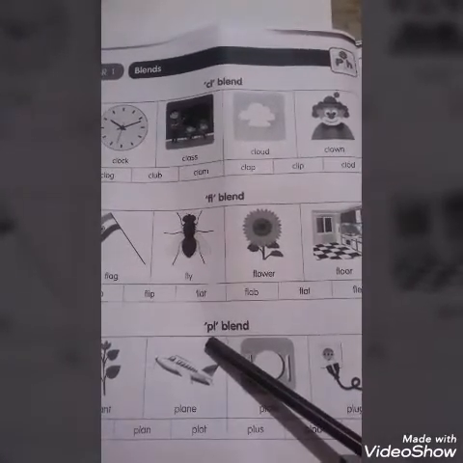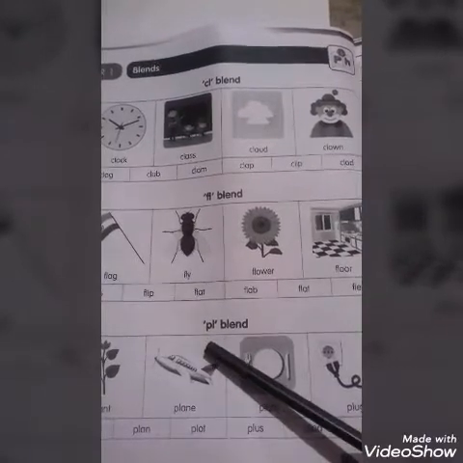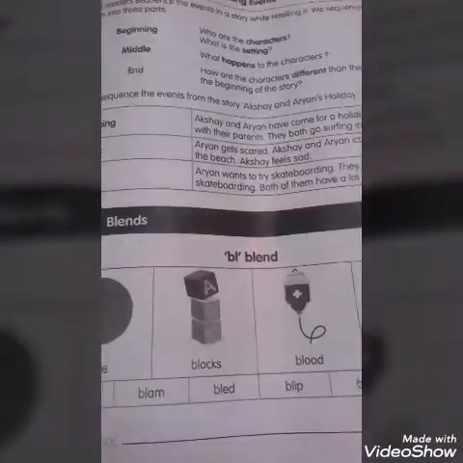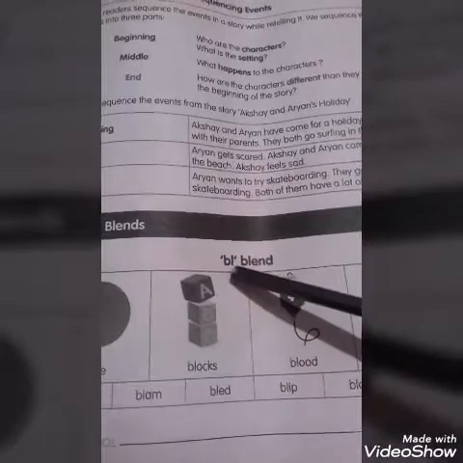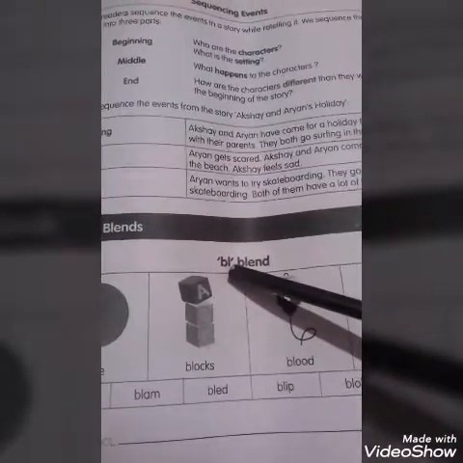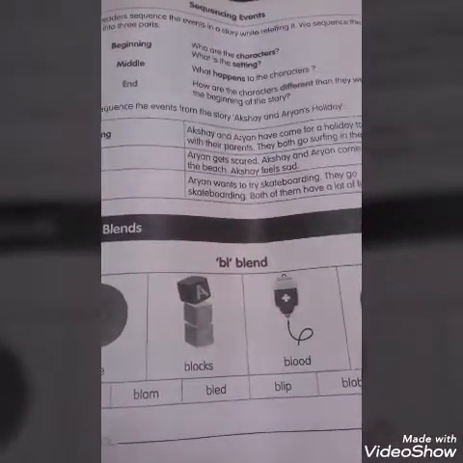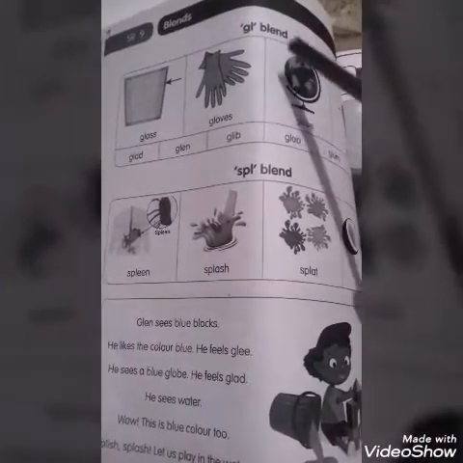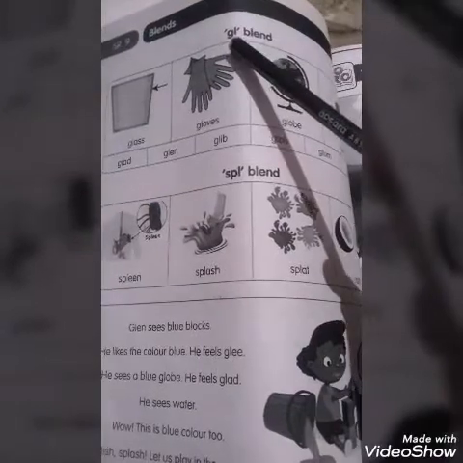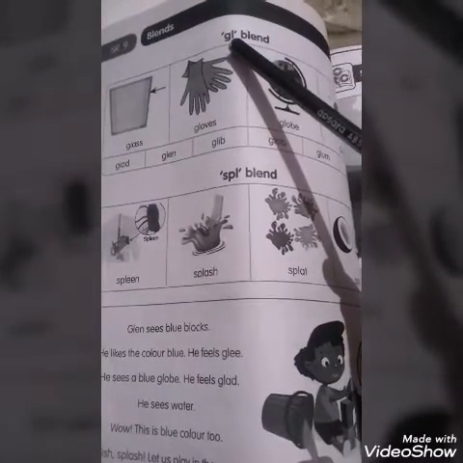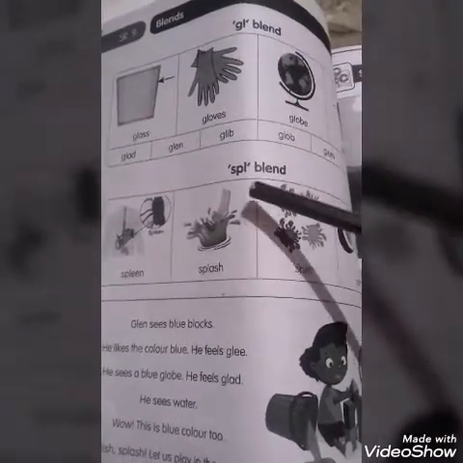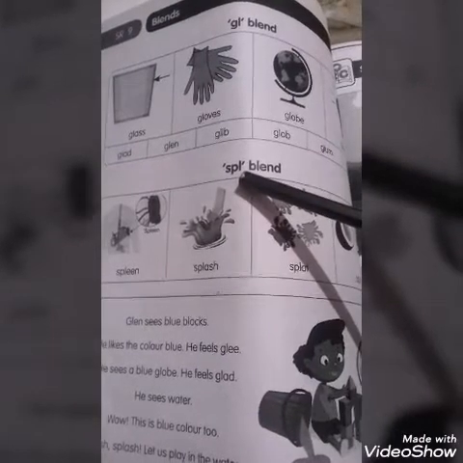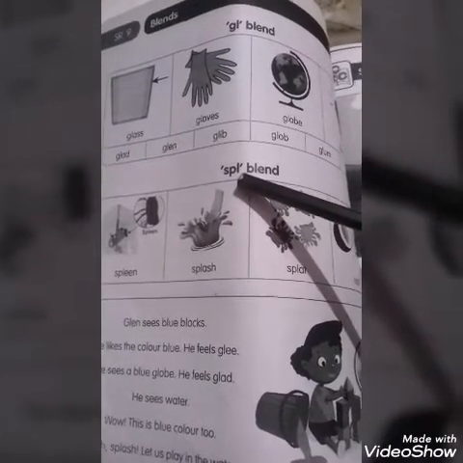Plur. What is this? Blur. What is this? Glare. What is this? Splut.